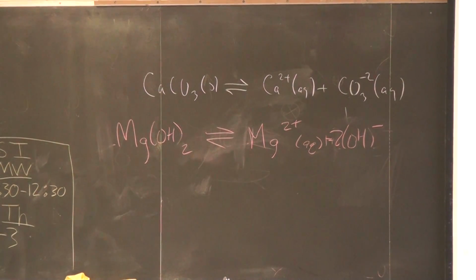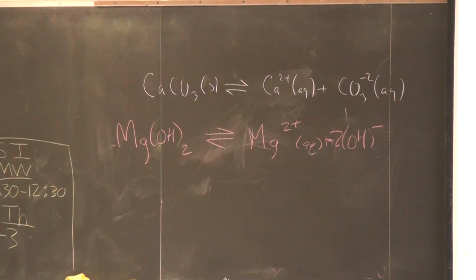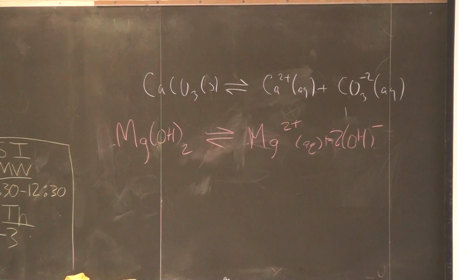So what substance would you add to dissolve magnesium hydroxide? What would you add? Okay, so what does hydrochloric acid do?